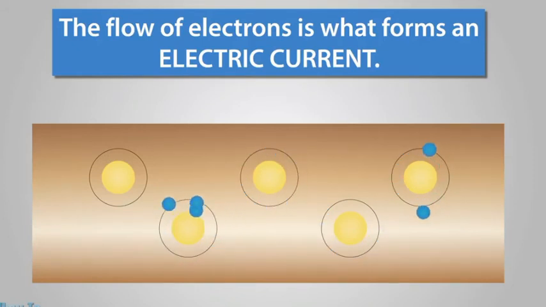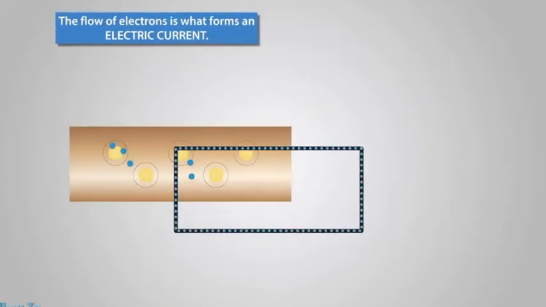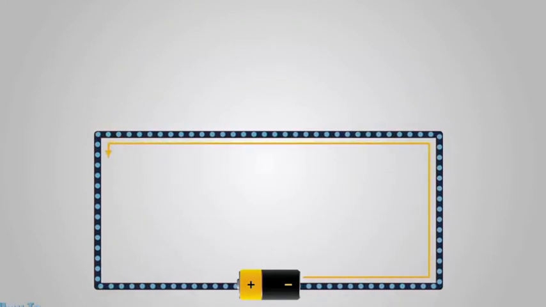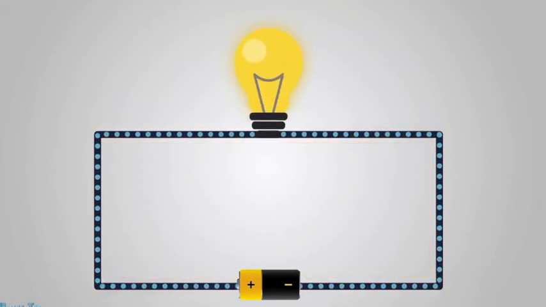In a normal condition, these electrons are unable to move from one point to another point. If it were possible, if you are considering a metal piece, then each and every metal piece should carry a certain amount of electric current if the electrons were able to flow freely. So, it is not possible to have a free flow of electrons.